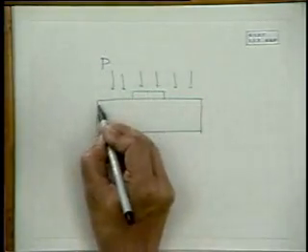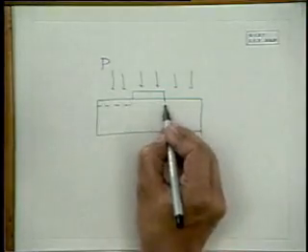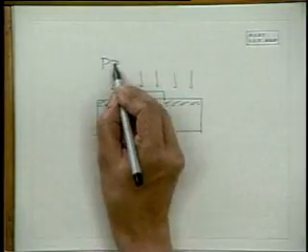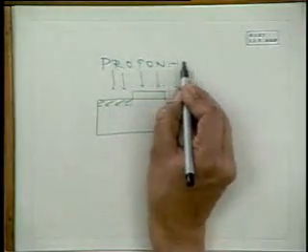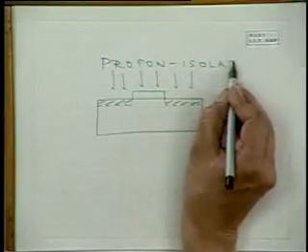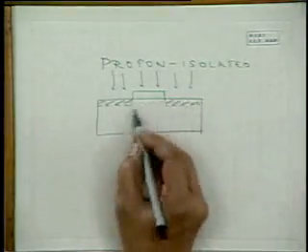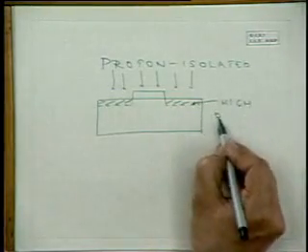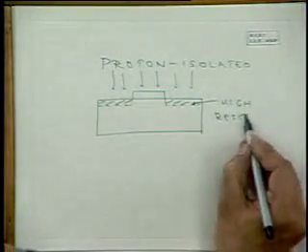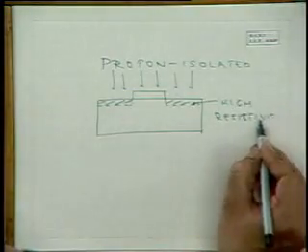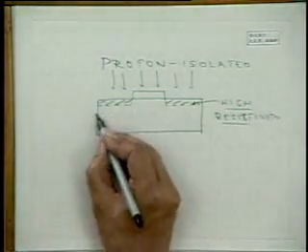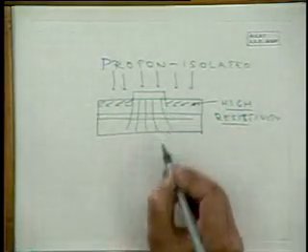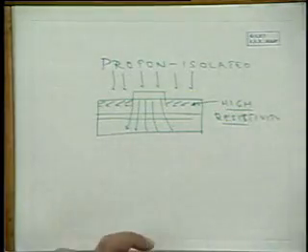Protons will damage this region, so this becomes high resistivity. So again, the current will only flow in that direction.